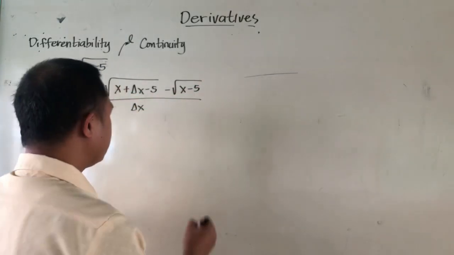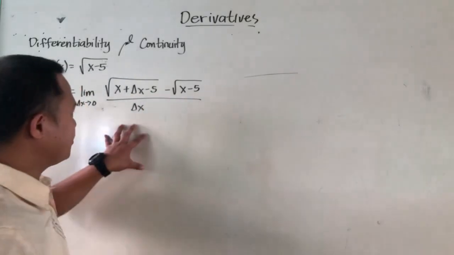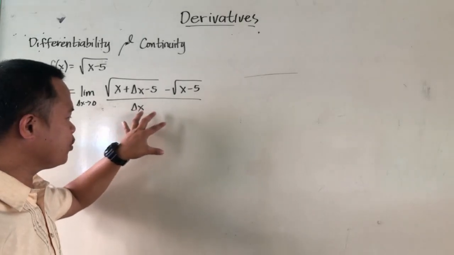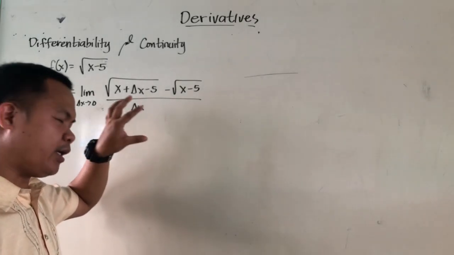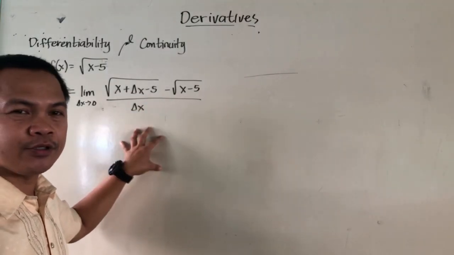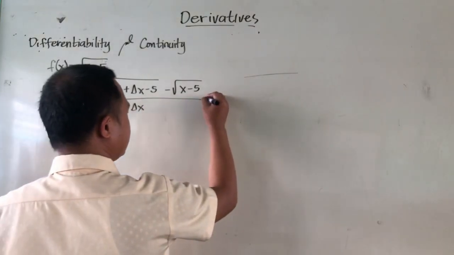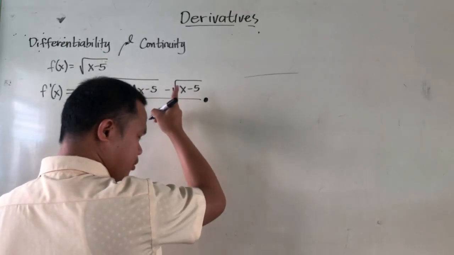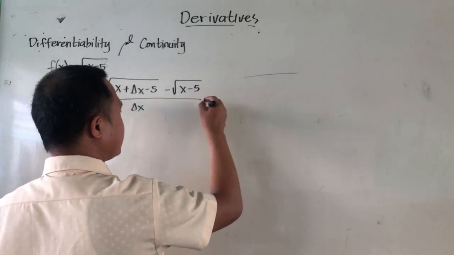You following? So for us to find out the derivative of the given function, we need to get the conjugate of the given numerator, okay? Para maialis po natin yung square root sign or the radical sign.